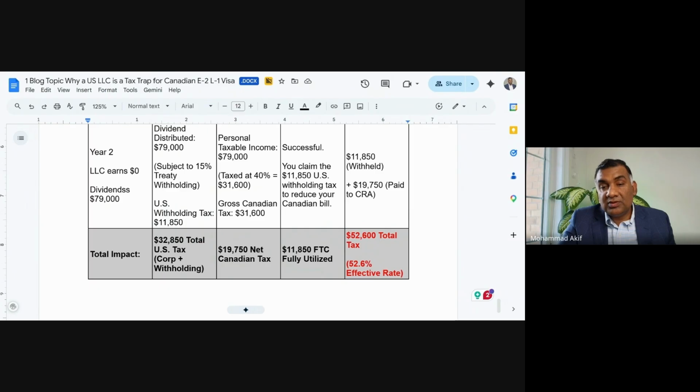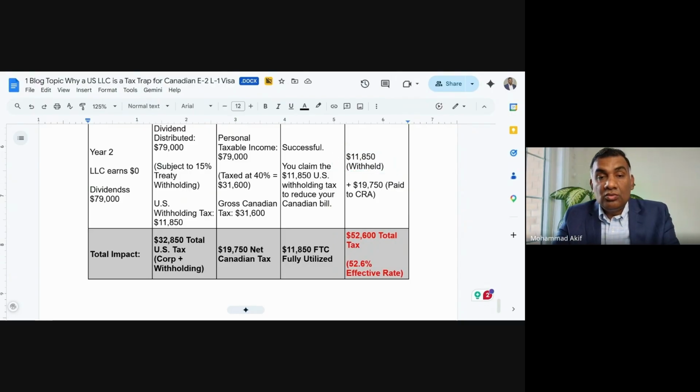So we can see only 19,750 is due to the CRA, by claiming the foreign tax credit on the $11,850 that you paid to the US IRS.